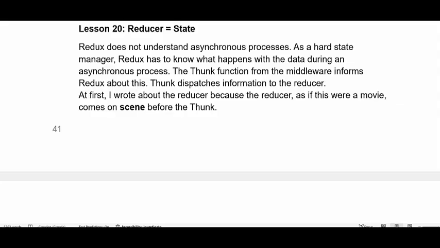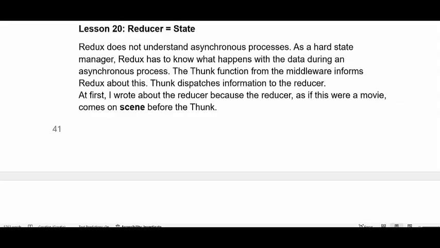Redux does not understand asynchronous processes. As a state manager, Redux has to know what happens with the data during an asynchronous process. The thunk function from the middleware informs Redux about this.